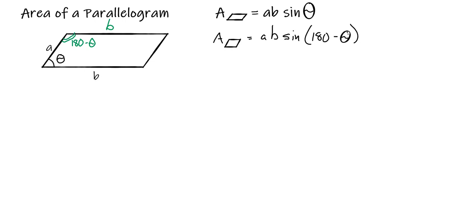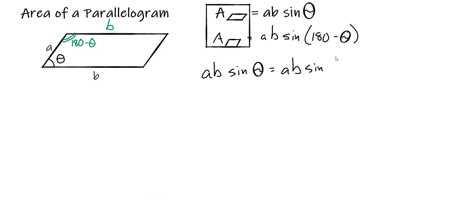Now for a parallelogram, the area of that parallelogram is constant. Nothing changes about that area if we just find it a different way. So I can take these two formulas, and by the transitive property, set them equal to each other. So AB sine of theta is equal to A times B sine of 180 minus theta.